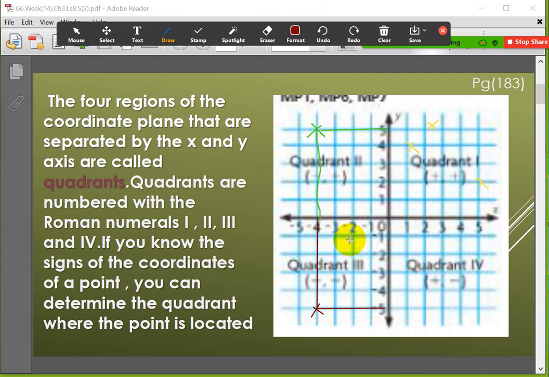Look, the x is negative and the y, also down, is negative. So the coordinates for the third quadrant are negative, negative. If any point has negative x and negative y, you know that this point is located in the third quadrant.